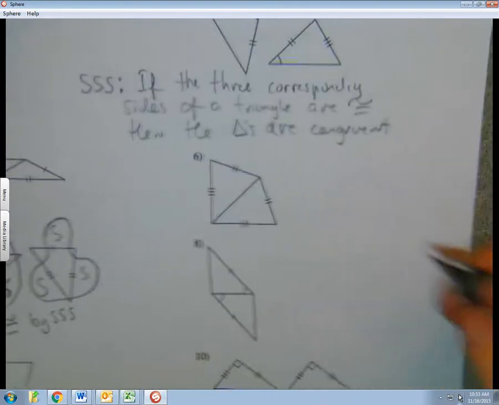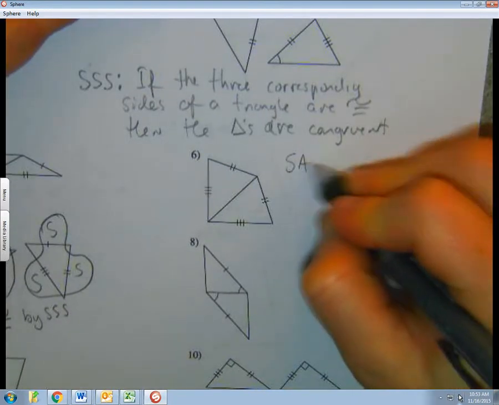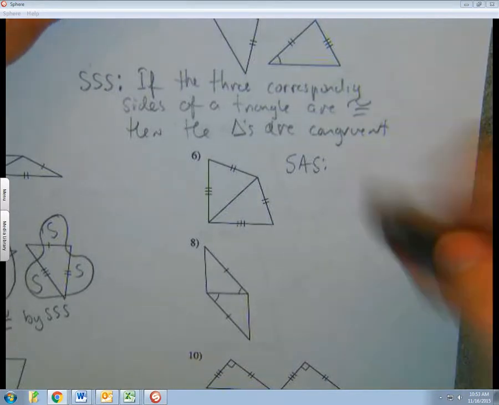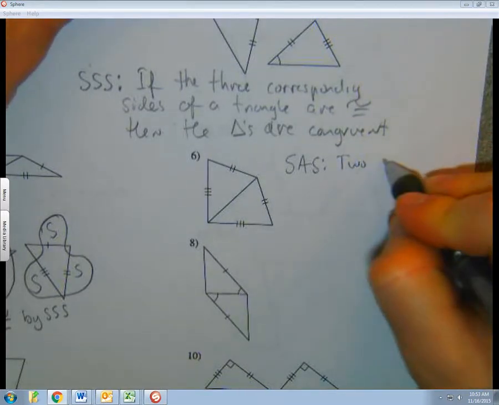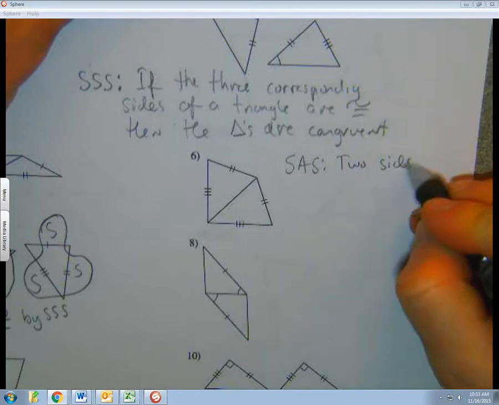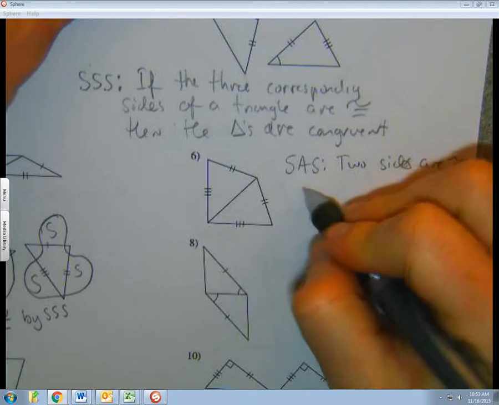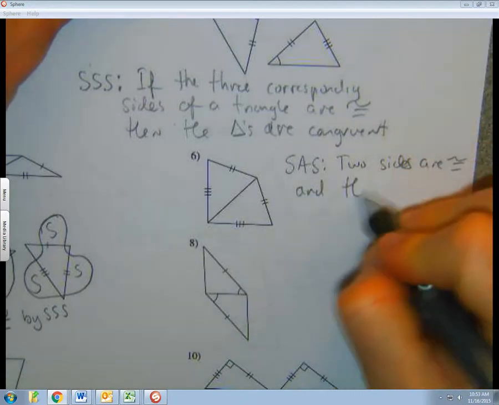Side angle side, the key takeaway here in the kind of cheater definition is two sides are congruent and the included angle.